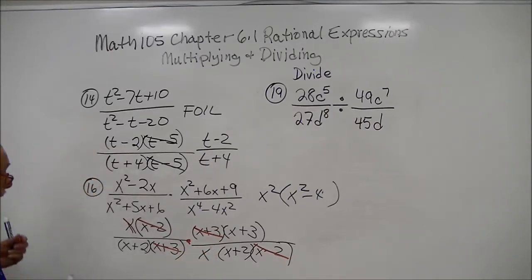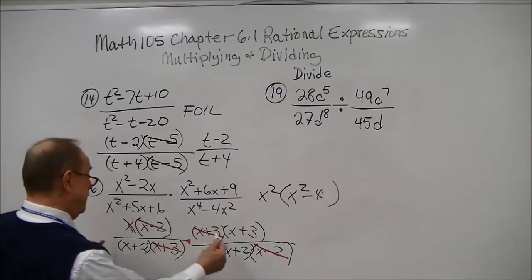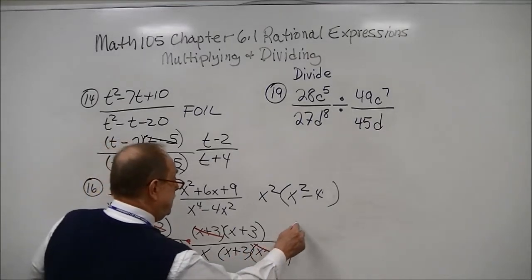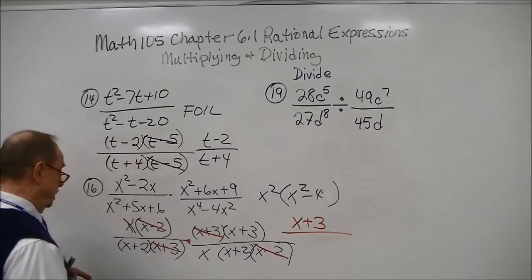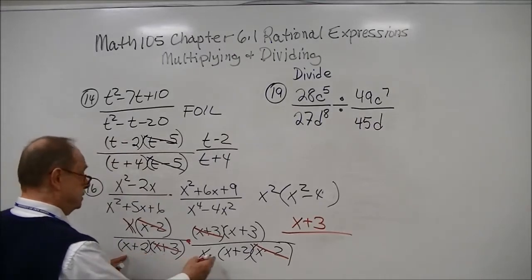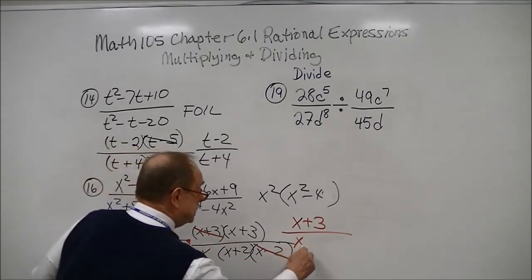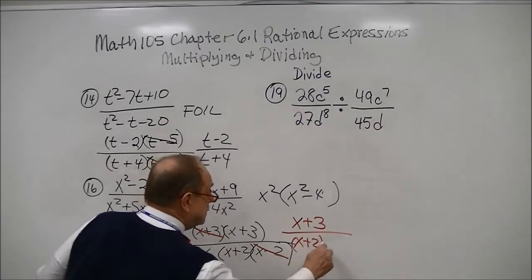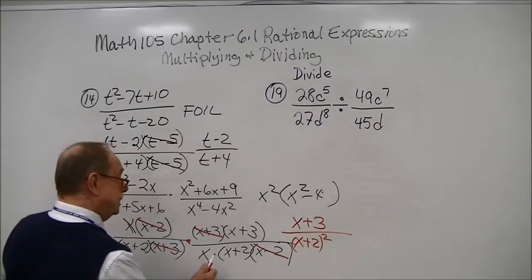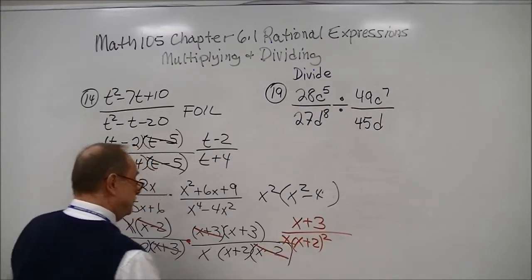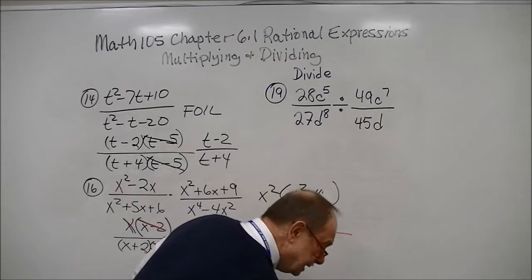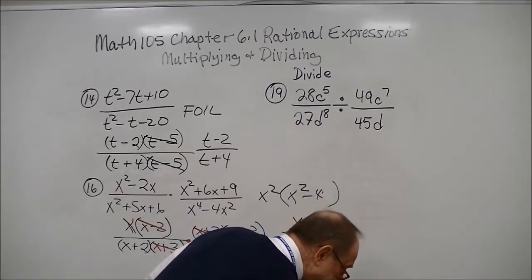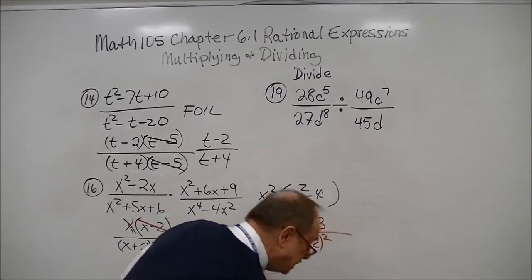So my final answer then is on top, I'm going to have x plus 3 all over x plus 2, the quantity squared, and I have an x there that I'll put right up here in front. And I believe that's good for number 16, and that is correct.